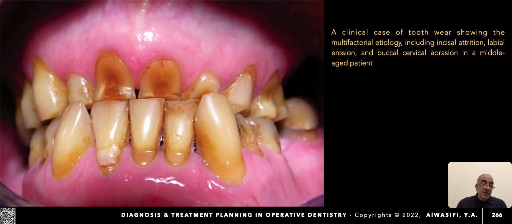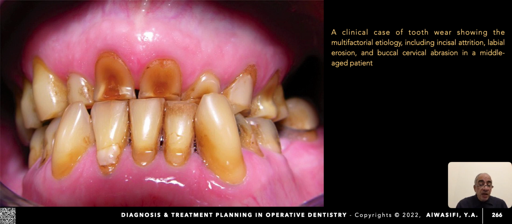This photograph is very interesting. It's showing multiple lesions of the hard tooth structure rather than even caries. You could note that for the lower right lateral there is a class 5 lesion restored with a defective restoration. You could note also a wedge-shaped lesion at the upper left area.